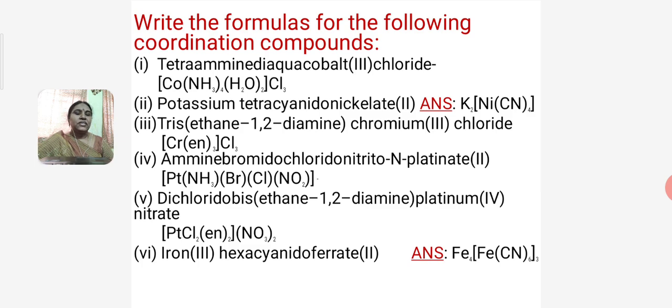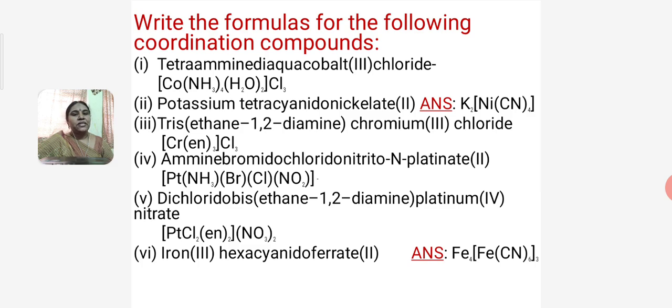Now, let us see the next complex, amminebromidochloridonitrito-N platinate(II). In this complex, platinum is the central metal ion and the ligands present are ammine, bromido, chlorido and nitrito-N. So, the first ligand present is ammine, so NH3.